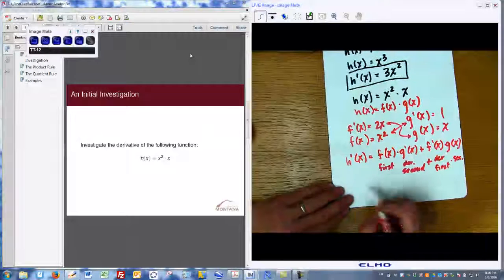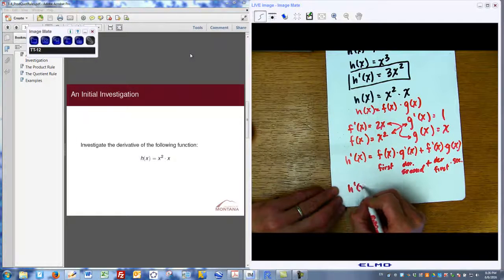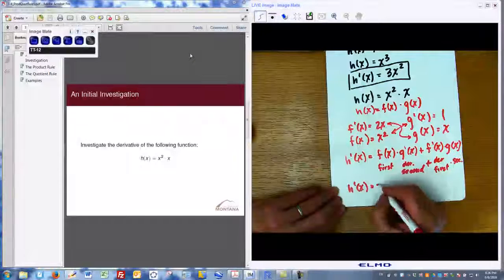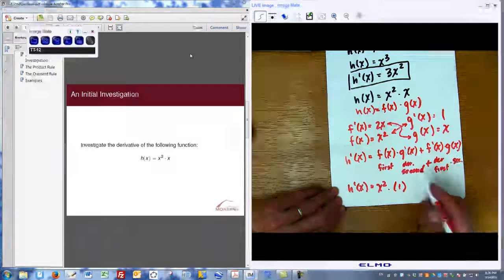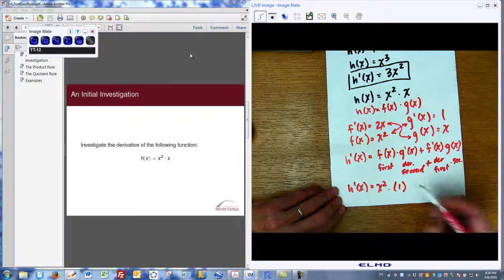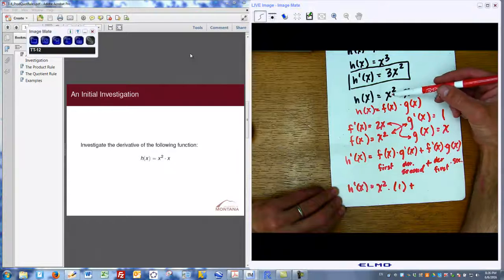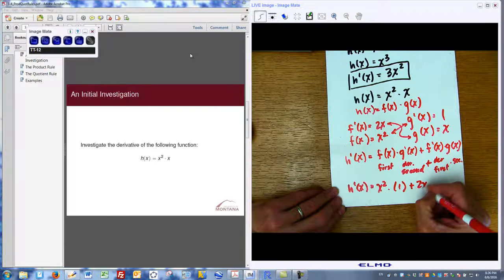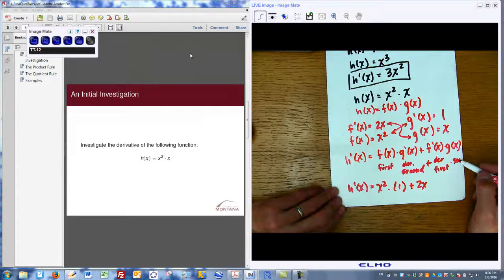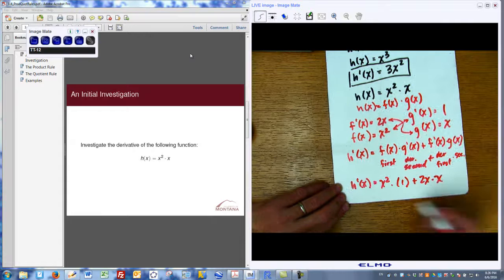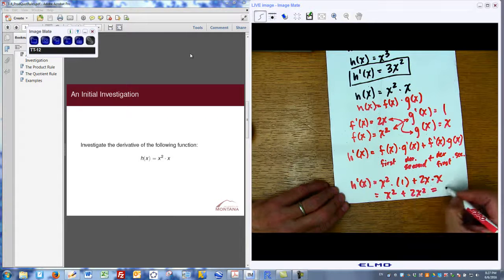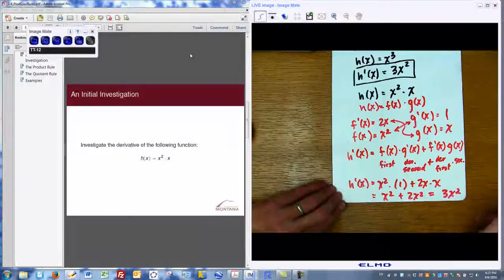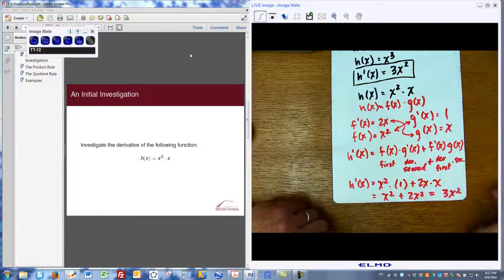Just to make sure you're clear, in this case f of x is x squared, times the derivative of the second, which is 1, plus f prime of x, the derivative of the first function, which is 2x, times the second function, which is x. So we get x squared plus 2x squared, which is equal to 3x squared, correctly equal to the derivative.